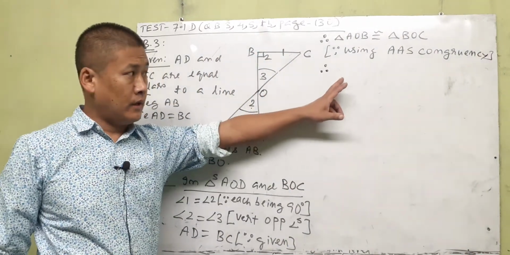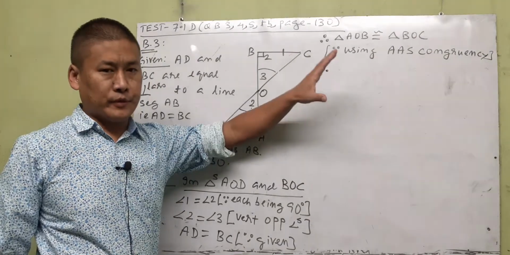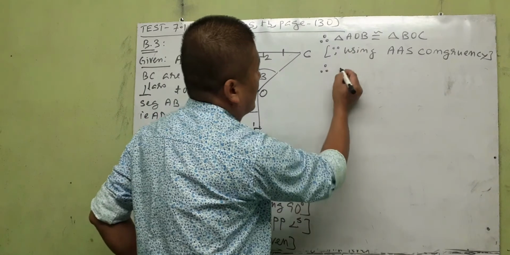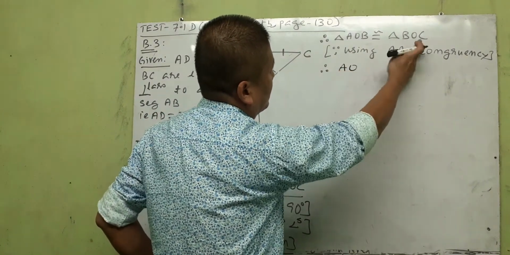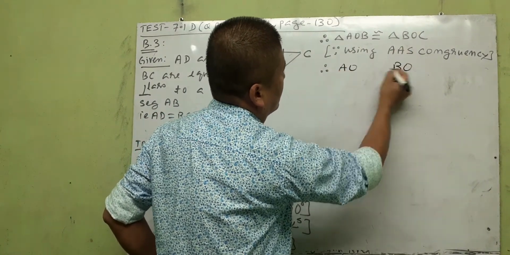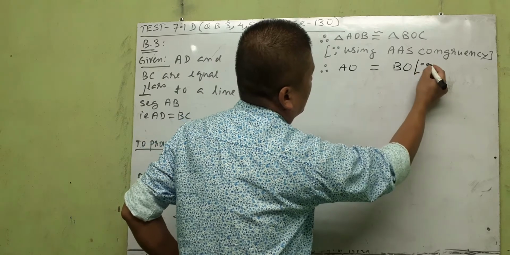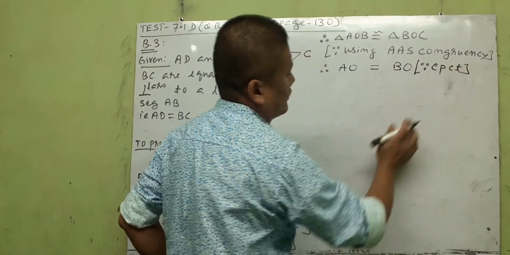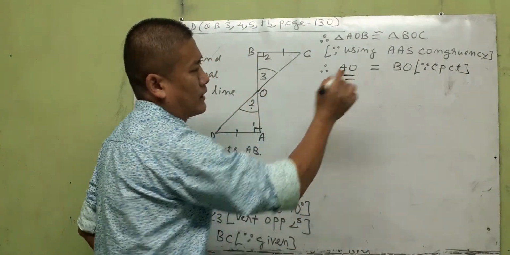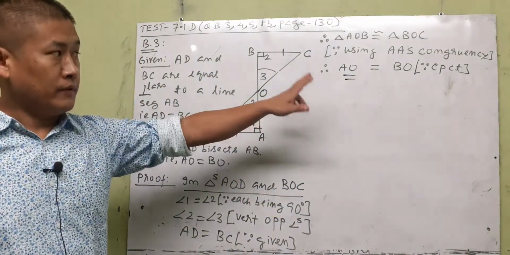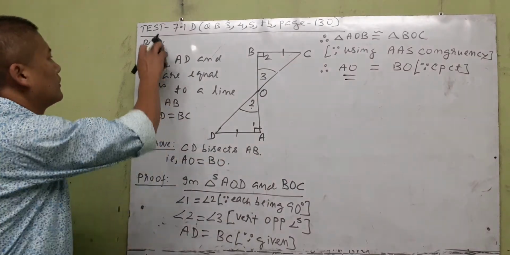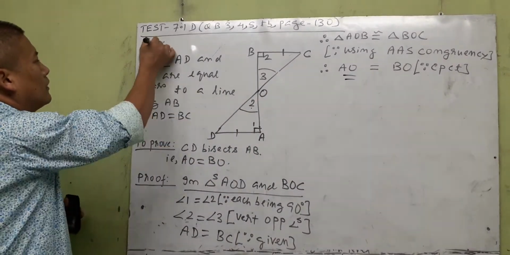One is corresponding sides are equal, corresponding angles are equal. We need a side. So AO are the first, second letters. Corresponding means the same position, first and second letter. They are equal for sure now, because CPCT, congruent parts of congruent triangles are always equal, even the sides and the angles. But we don't need the angles here. Let's go to the next one, B4.